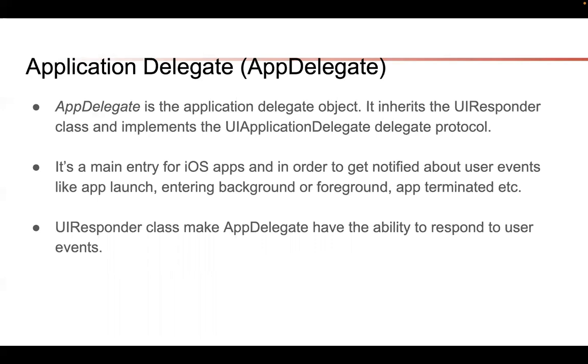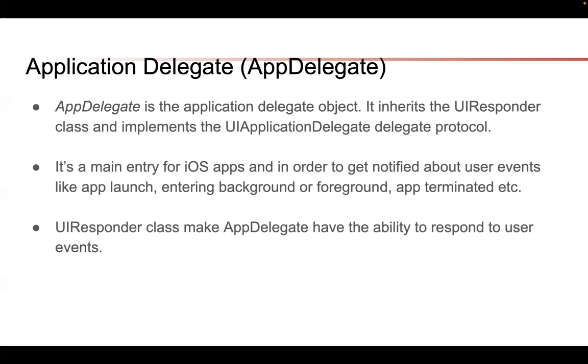And in order to get notified about user events and these life cycle stages, like app launch, or the app entering the background or foreground, or the app being terminated, all of this can be done through the application delegate.